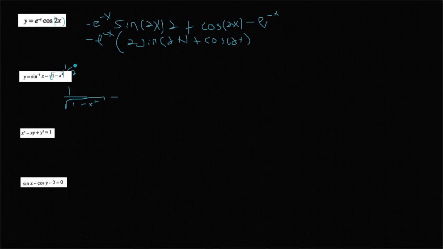The derivative of this is going to be 1/2 the radical down here, 1 minus x squared, times the derivative of the inside, so that's times negative 2x. And so these 2's and these negatives will cancel here, and this is just going to be positive.